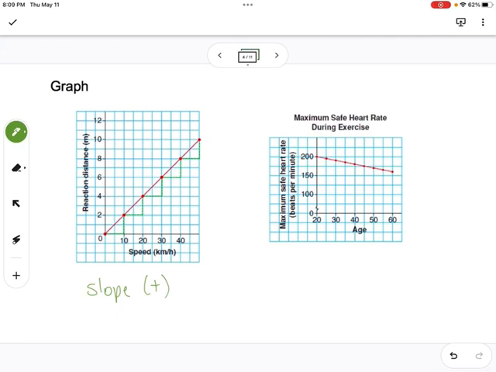Next one, we have age and the maximum safe heart rate, in beats per minute. As age goes up, the maximum heart rate goes down. Reading left to right, the line is going down, which gives us a negative slope.